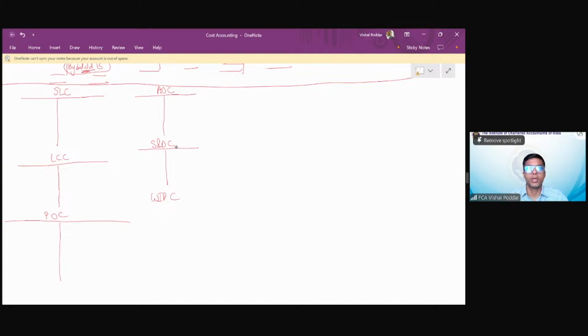It will be 8 to 10 lines. Then it is my finished goods control.